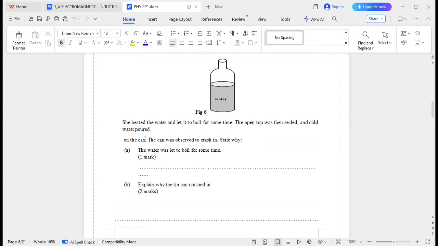B, explain why the tin can crashed. So you say, this is 2 marks. The first mark you say, a partial vacuum is created after air is expelled. That's the first mark.